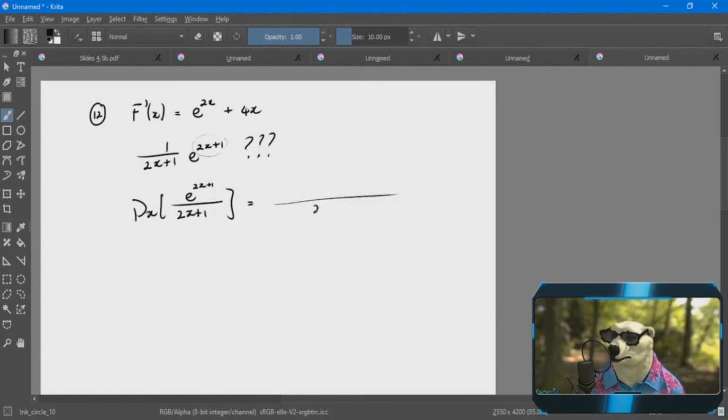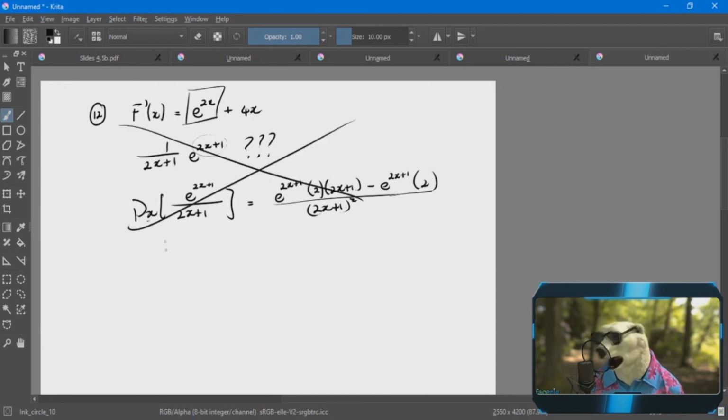It's going to be the bottom one squared, derivative of the top, which is a chain rule, minus the top times the derivative of the bottom, and it's not going to be my desired target at all. It's not even close. I've made it way worse. So that is a big no. You can't just blindly use these things in reverse if they don't apply.